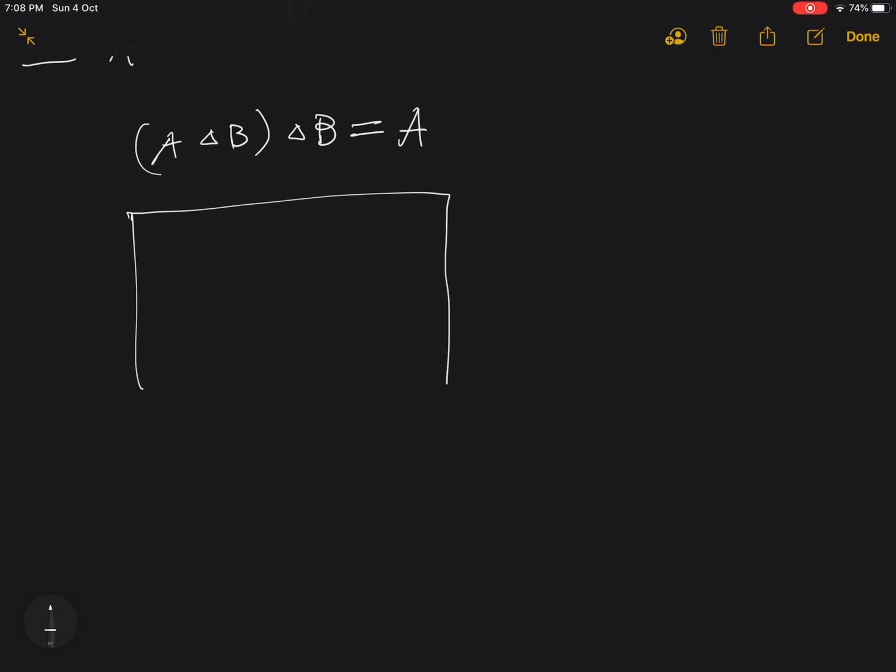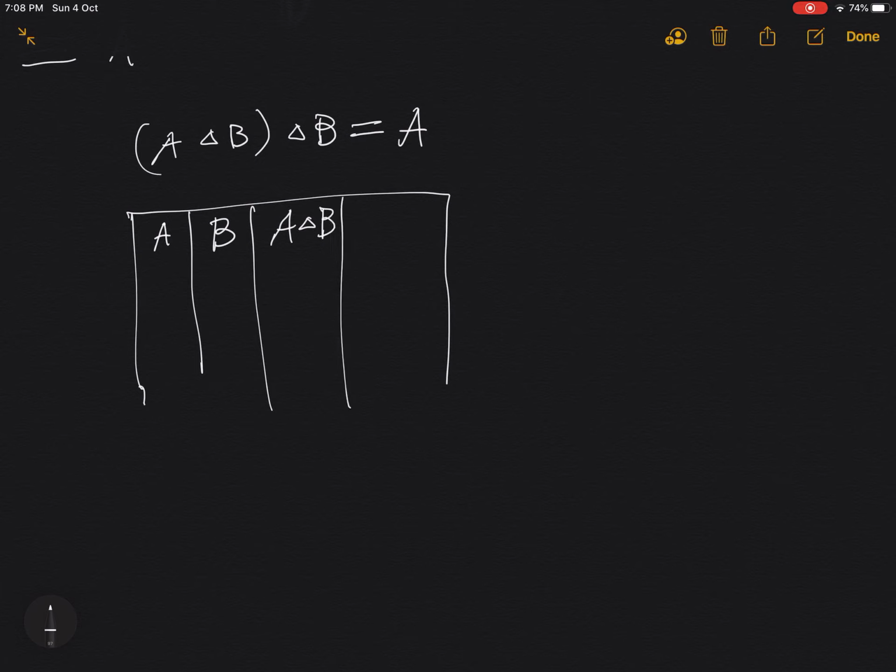And then for the second part, we need to use the membership table to prove A delta B delta B equals A. So for using a membership table, we need to include all the corresponding sets in each column. So we will have A here, B here, and then A delta B, right?